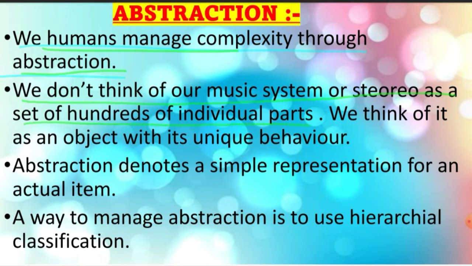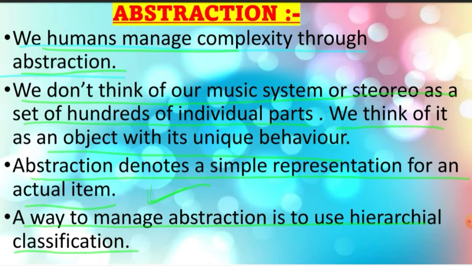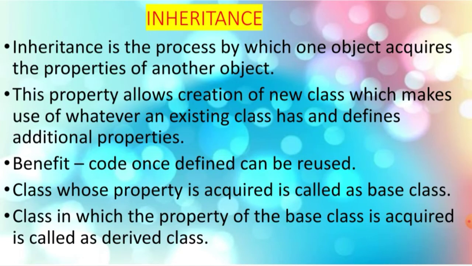No, you only play the song and dance. We think of it as an object with its unique behavior. Abstraction denotes a simple representation for an actual item. So this is the definition which ICSE 10 students have to learn. A way to manage abstraction is to use hierarchical classification. This is also important.